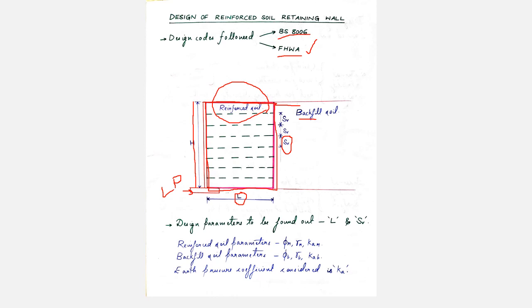Whereas in a retaining wall made up of geosynthetic or polymeric materials, we'll have to use the coefficient of active earth pressure while calculating the forces exerted on the retaining wall.